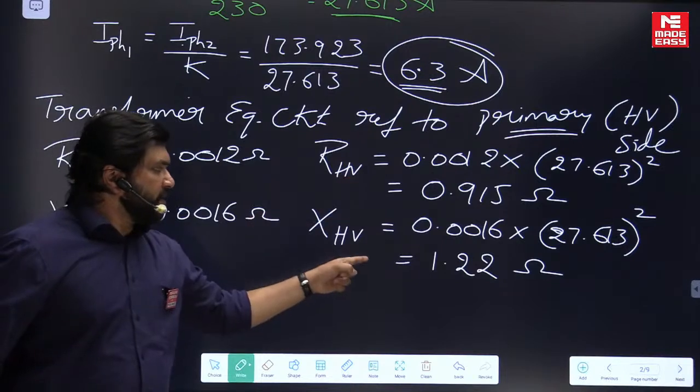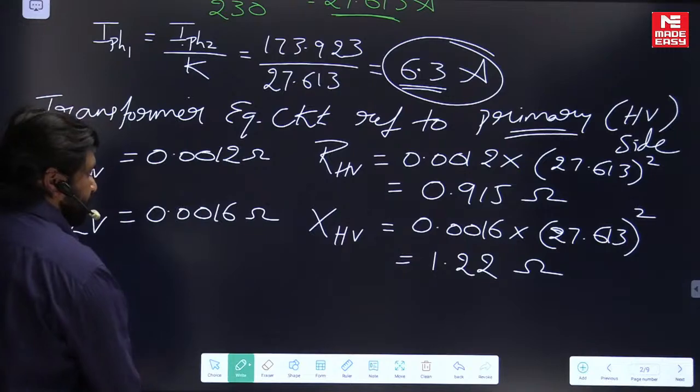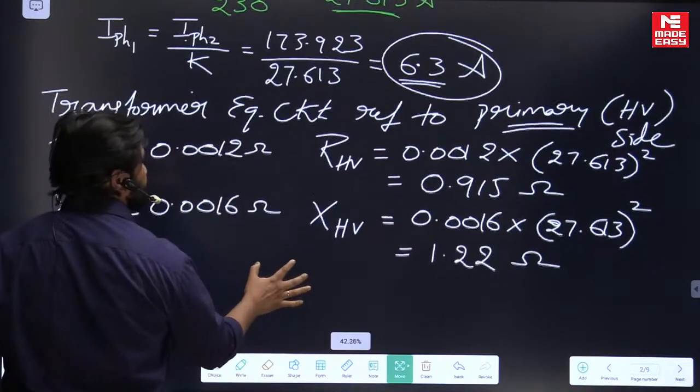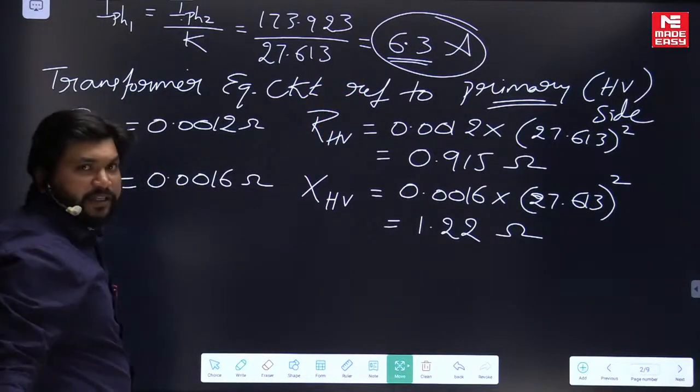So these are the equivalent resistance and reactance referred to HV side. Then the HV side current is 6.3 amperes.